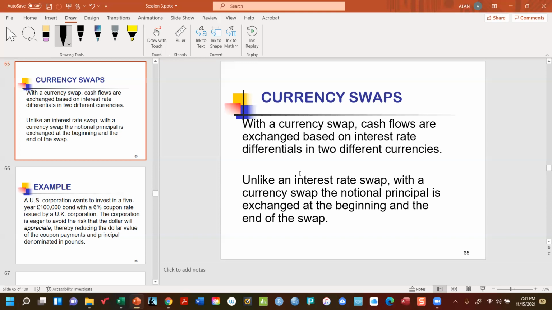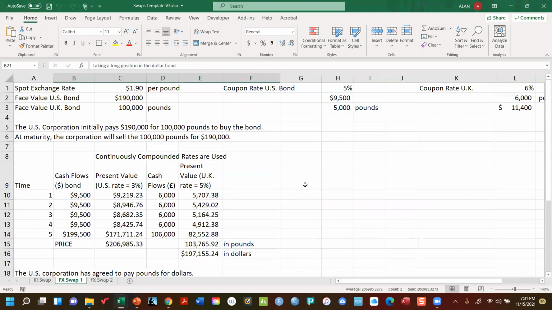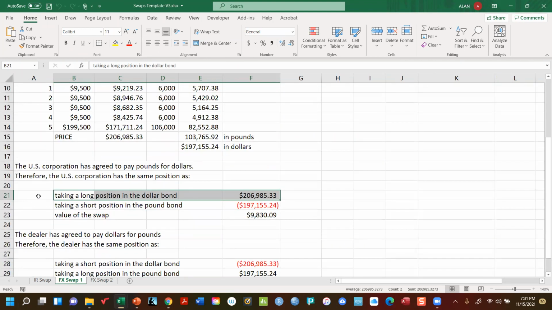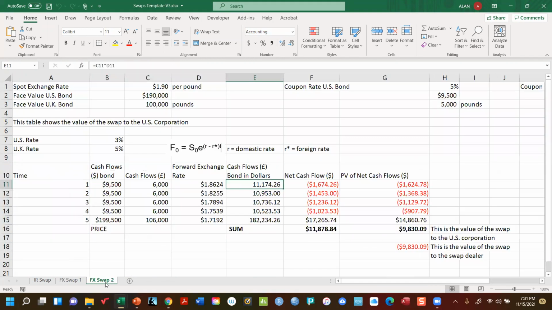If you look in your spreadsheet, swaps template V3, which is already taken care of for you, you might as well use this one. You can see how we calculated the price of a currency swap for the long and the short positions. Okay, and what I've done here is I've shown you an equivalent alternative way of getting to the same results.